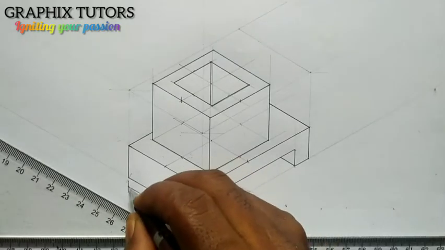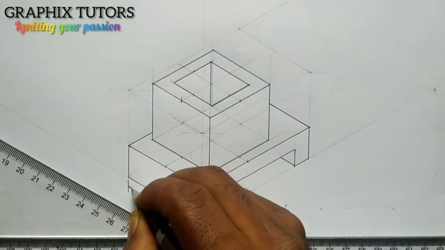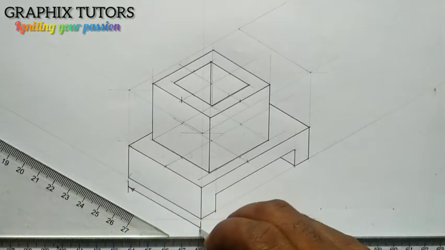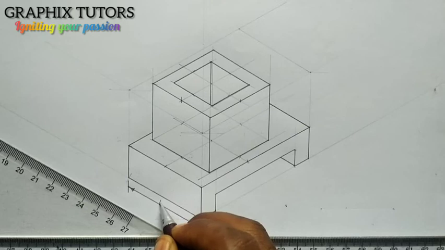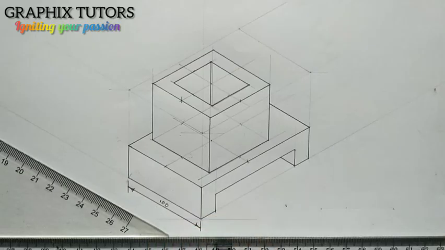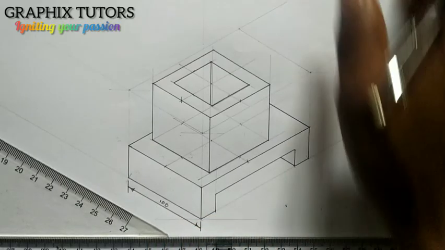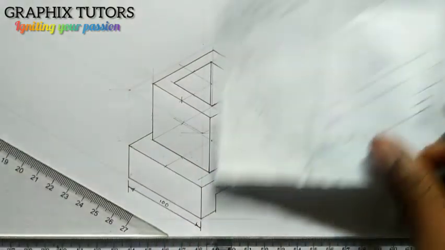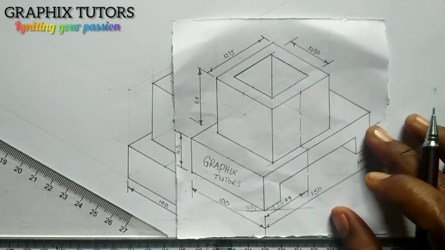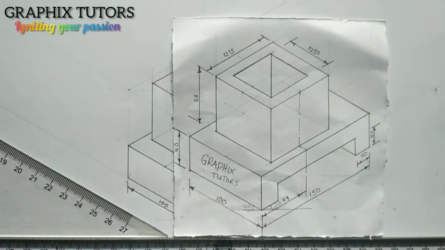So this place is always sharpened. And here also is always sharpened. So we know from here to here is what? 100. And the 100 will not touch the line. They call it your dimension line. And I'll do that for the rest too, and I'll have what I want to have, which is this.